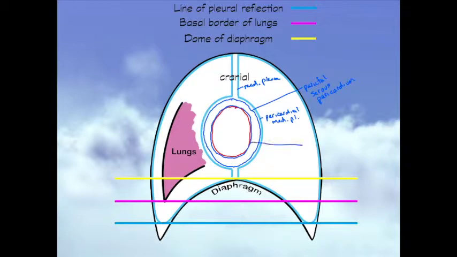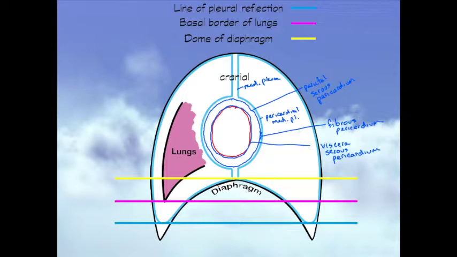And so therefore this is the visceral serous pericardium. And there's a connective tissue layer in between these two layers here, which is the fibrous pericardium.